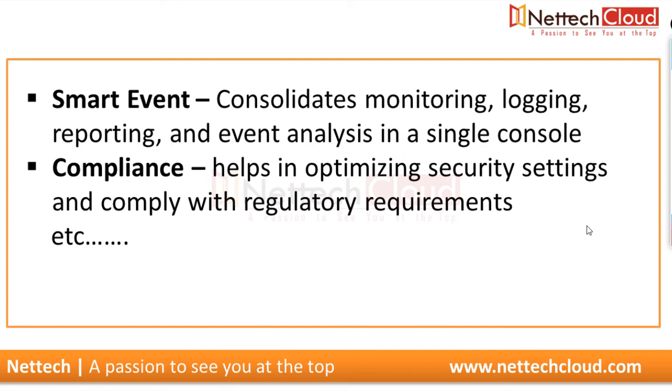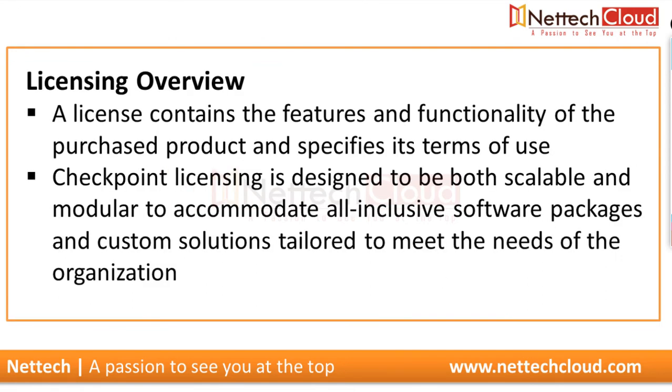So I'm back to the slide here. The next one is licensing overview. A license contains the features and functionality of the purchased product and it specifies its terms of use, right?